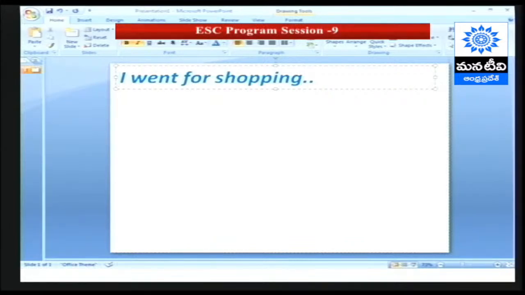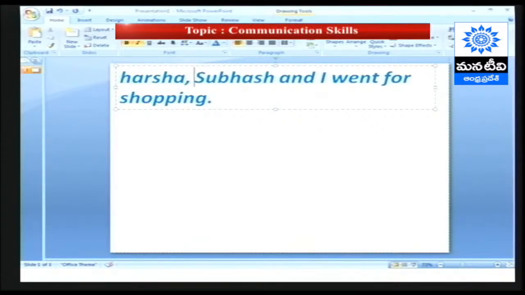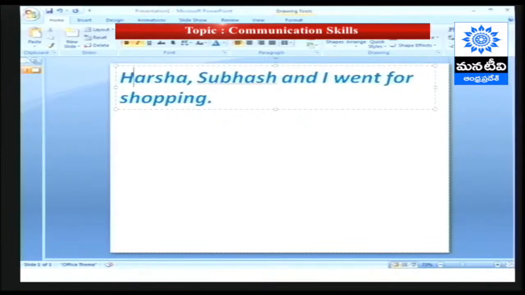Whenever you are talking about one person, that is yourself, first person, I went for shopping is fine. But in case I am adding another person, it becomes Subhash and I went for shopping, or I can add more people: Harsha, Subhash, and I went for shopping.